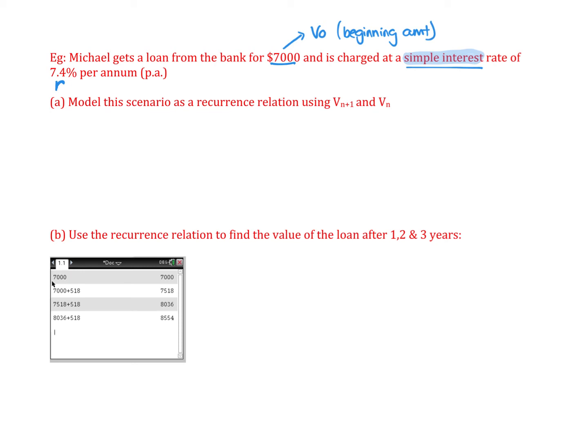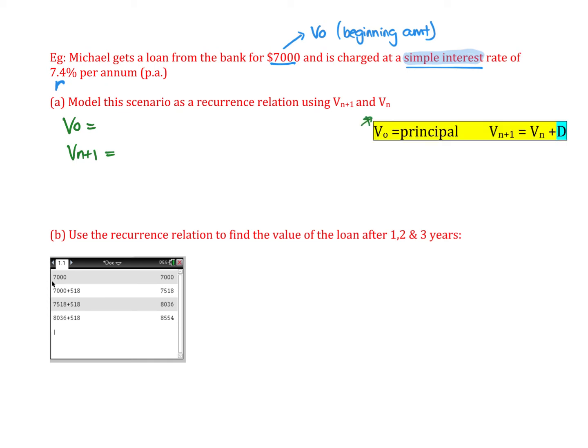It says model this recurrence relation using Vn plus 1 and Vn. We know that's how we've been doing it anyway. So when we have a recurrence relation, we have to write V0, and then we have to write Vn plus 1 equals. On the previous page, they showed us what the formula was.